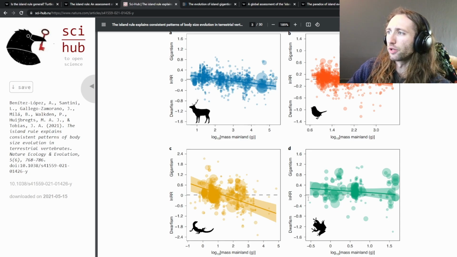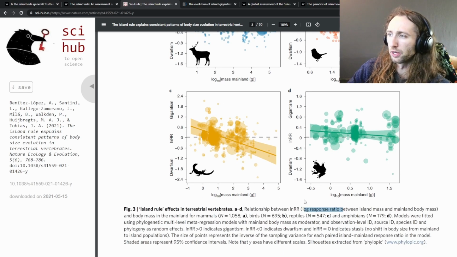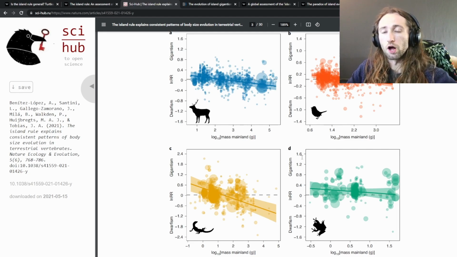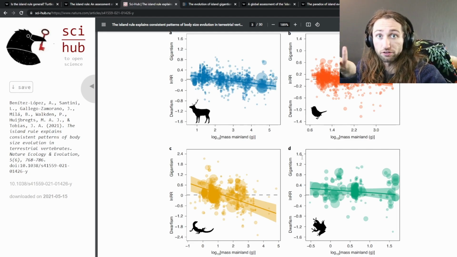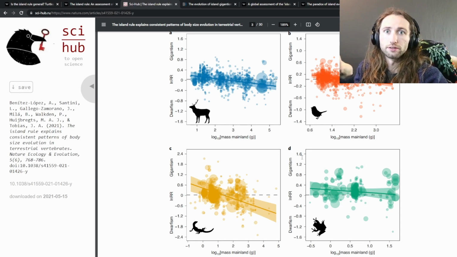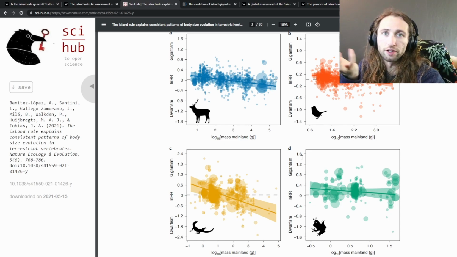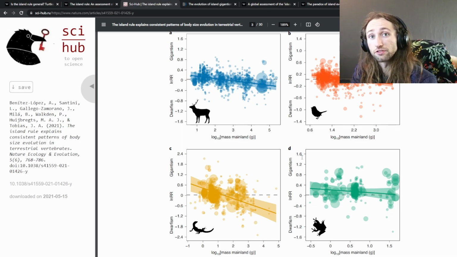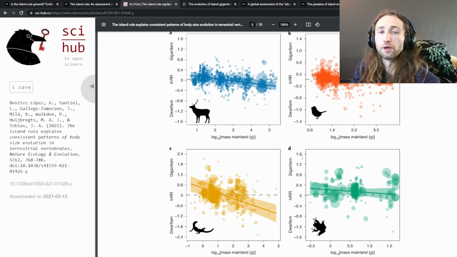The amphibians showed a little more, I believe it was dwarfism, but it wasn't significant, if I'm remembering my notes correctly. So this was another wrinkle into this, because on one hand, we have a meta-analysis, a review paper, showing that it's only found in about half of published studies. And then we have another large-scale study that looks across systems showing that it is found inside of taxa.